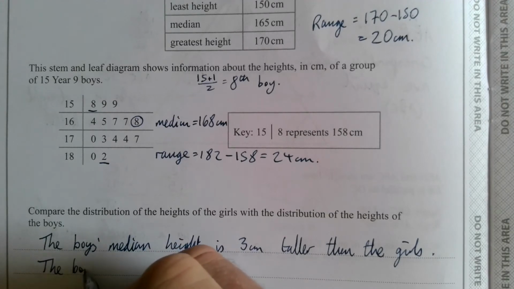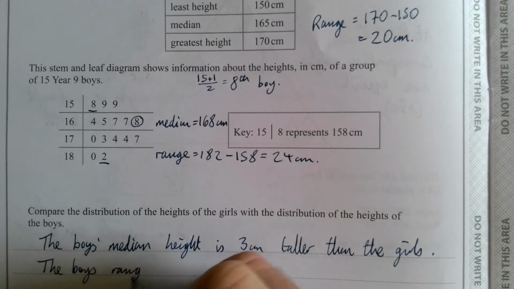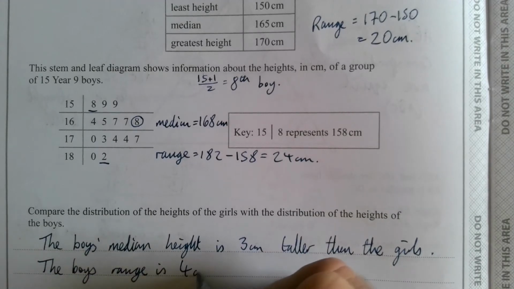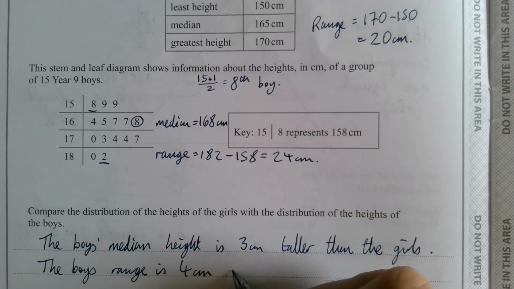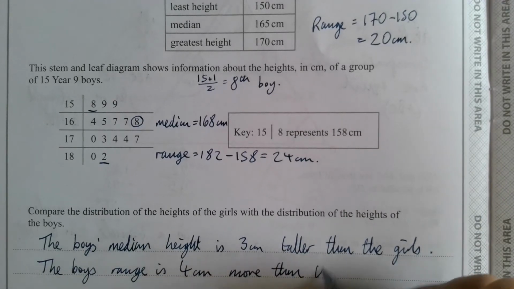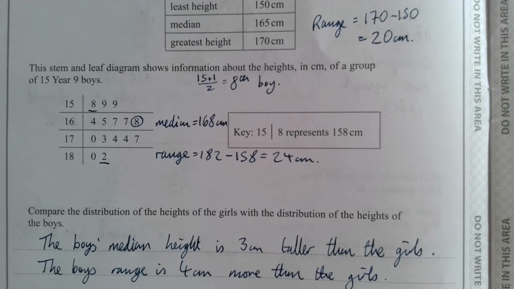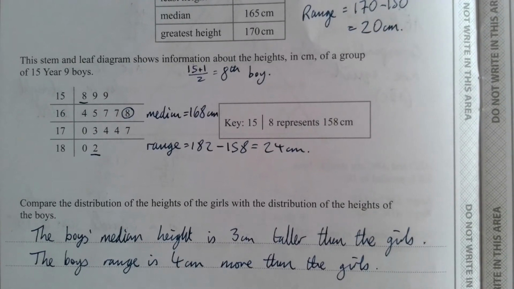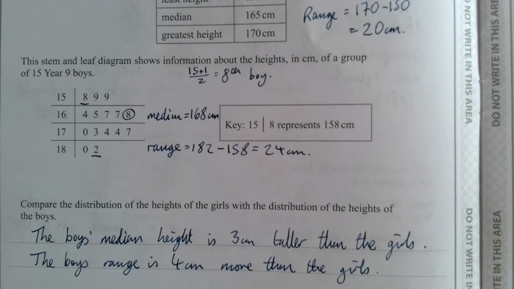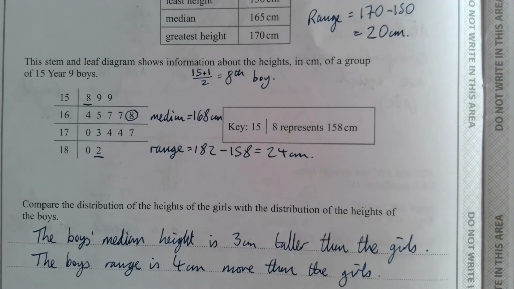The boys' range is 4 centimeters more than the girls. And you don't actually even have to interpret that and say that means that the boys are slightly less predictable in how tall they are than the girls. That is all that you need.